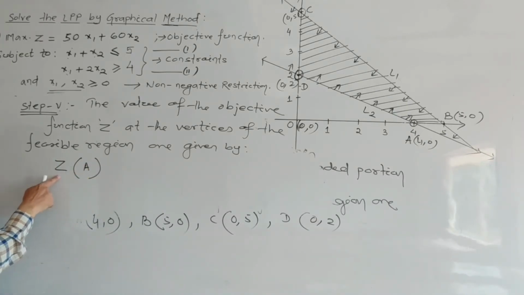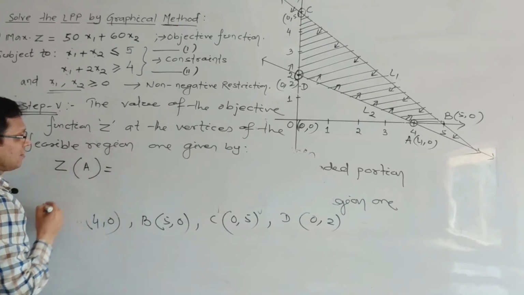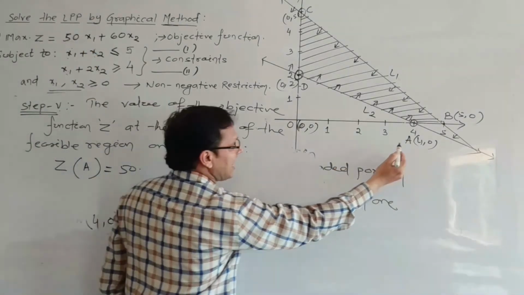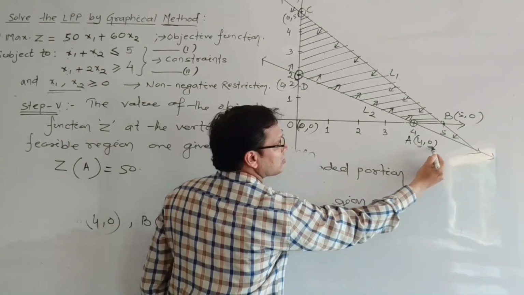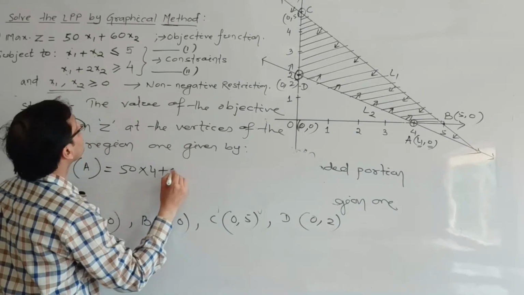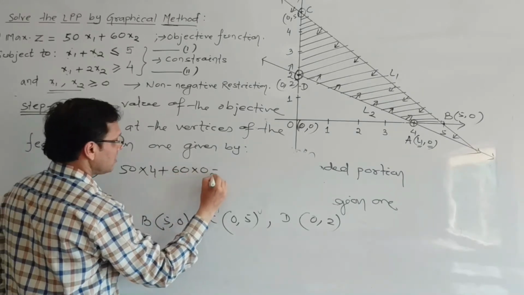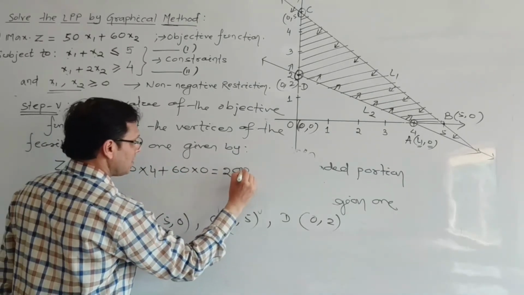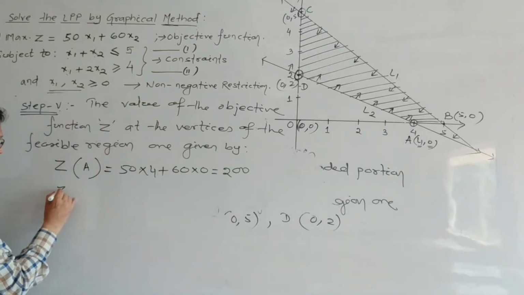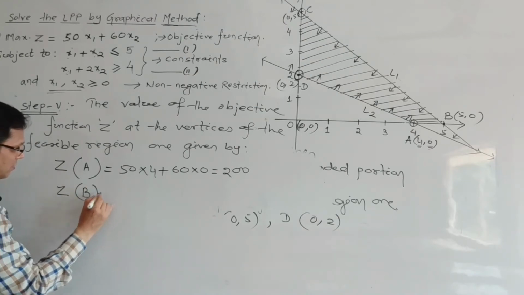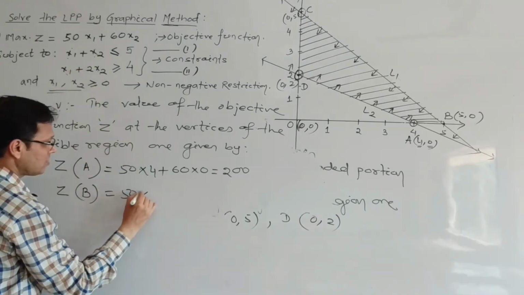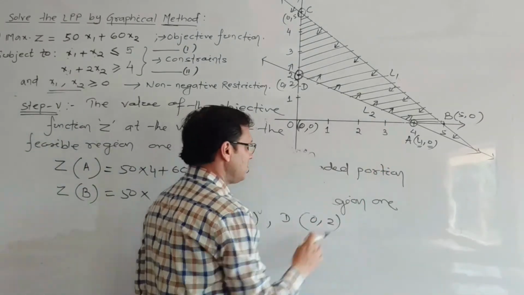What is the value of z at A? That means 50 into x1. At the point A, x1 is 4 and x2 is 0. So 50 into 4 plus 60 into 0, that is nothing but 200. Next, z at B. B is (5, 0).